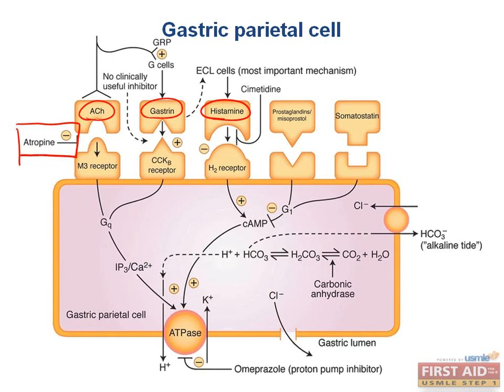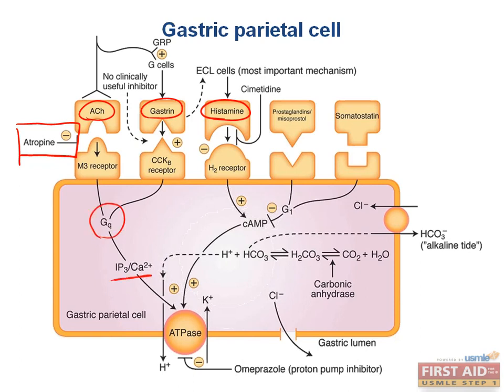Well, it means that gastrin can still directly stimulate the CCKB receptor and indirectly stimulate release of histamine to act on H2 receptors. We also mentioned that histamine is more important than gastrin, so the histamine antagonists are quite useful drugs. Cimetidine is one useful example. We'll talk more about histamine antagonists during the pharmacology portion of the lecture.